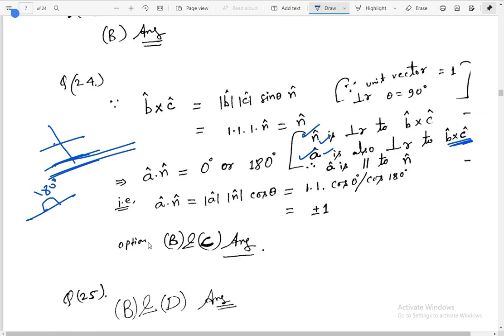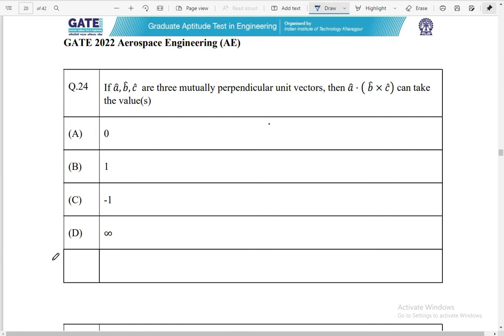We don't know which, so we mention both. For 0 we have 1, and for cos 180 we have -1. It means the options are B and C, either 1 or -1.